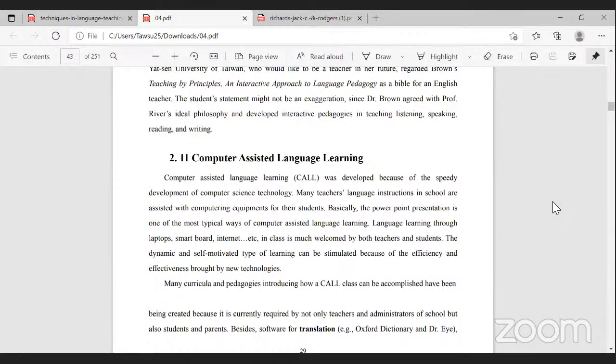With the help of that software, there are different contents so that students can perform activities based on different language skills, that is listening, speaking, reading, and writing. There are different softwares being used in computer assisted language learning. For example, Walden can be one of the softwares, and there are other softwares also.